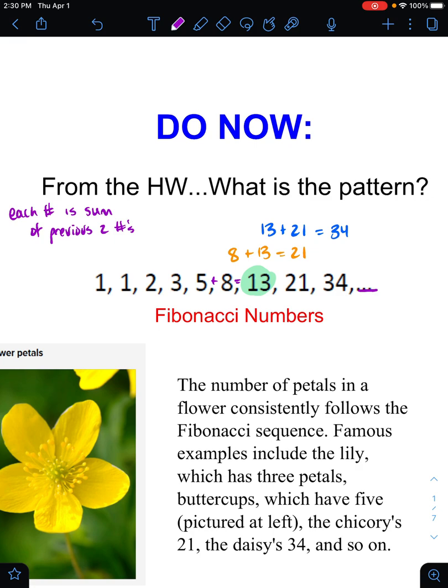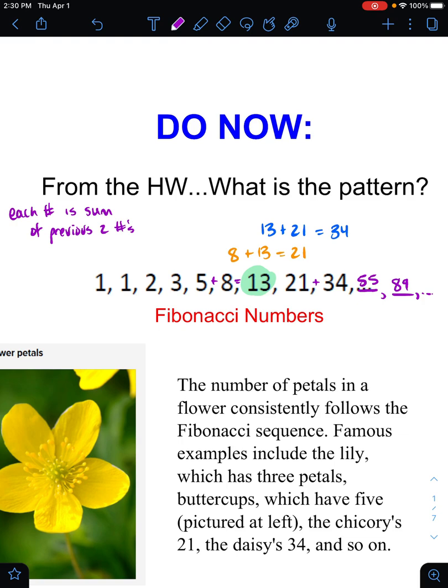So the next term would be 21 plus 34, which is 55, and after that is 34 plus 55, which is 89, and so on. We could keep going.